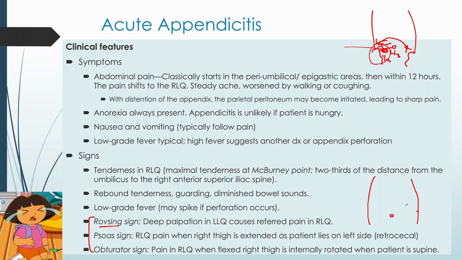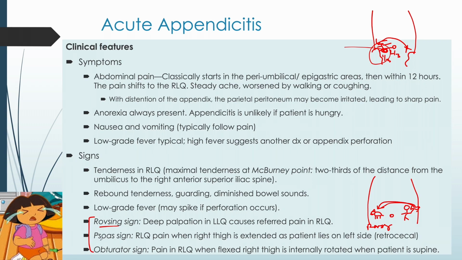So I think of a person throwing the bone over to the dog, Rover. This is the dog Rover in the right lower quadrant. So the owner is in the left lower quadrant throwing the bone to Rover. And that is Rovsing sign. I know that's dumb. That's how I remember it.